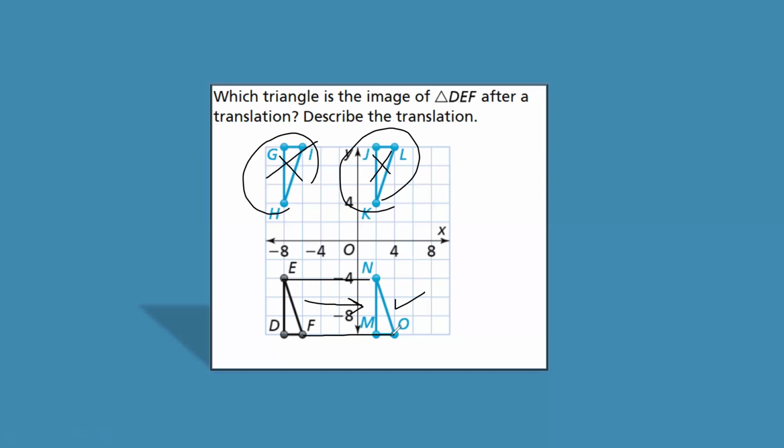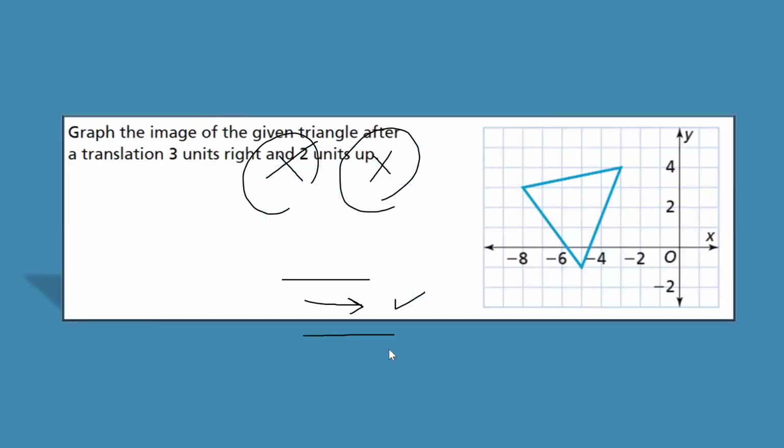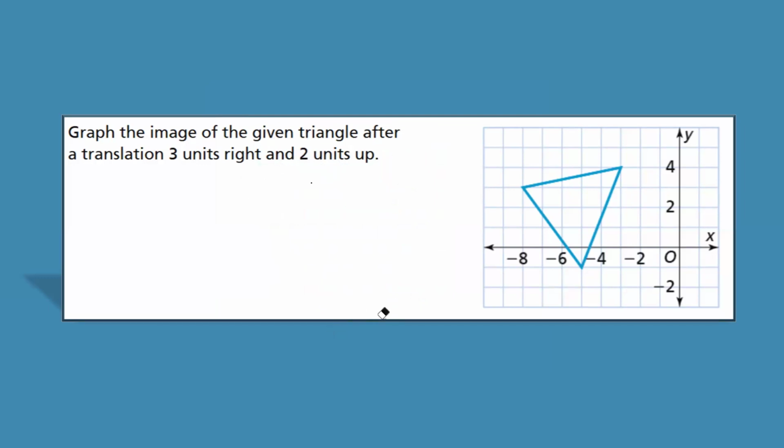Next one. Graph the image of the given triangle after translating 2 units right and 2 units up.